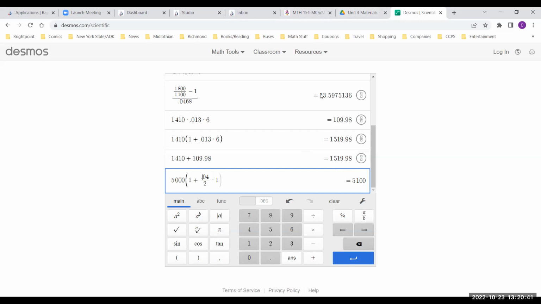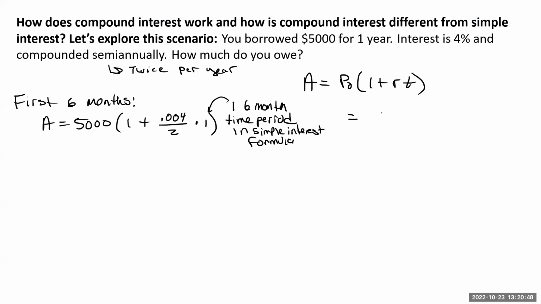Let's go back to our notes. We've got $5,100. If this were a simple interest agreement, this is how much I would be paying back at the end of 6 months. But now I have to do my second 6 months.